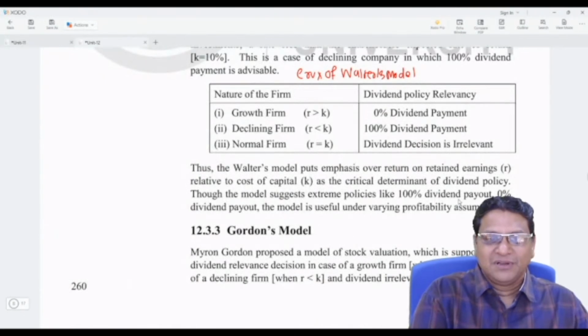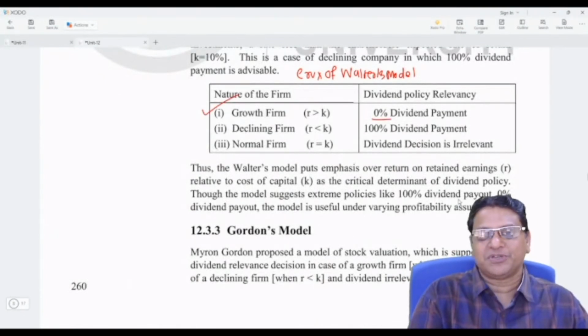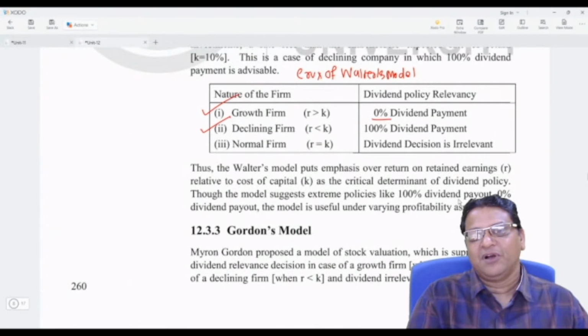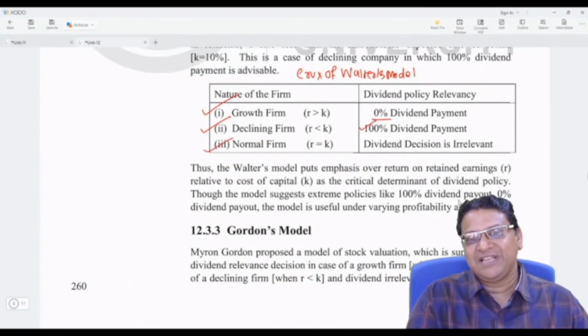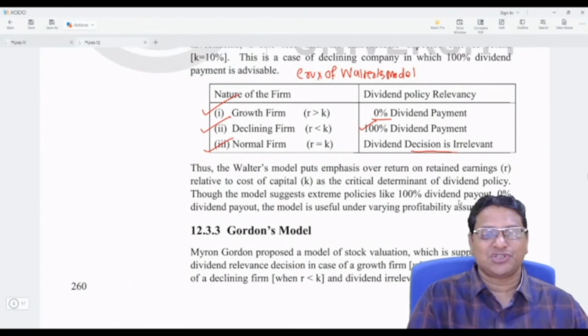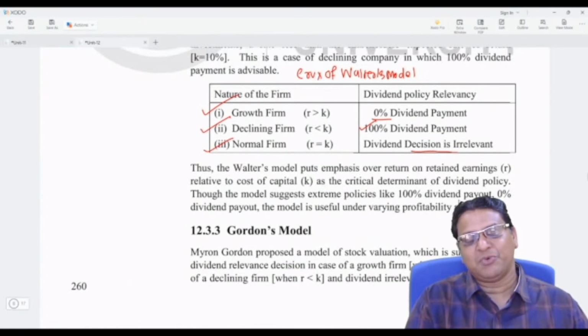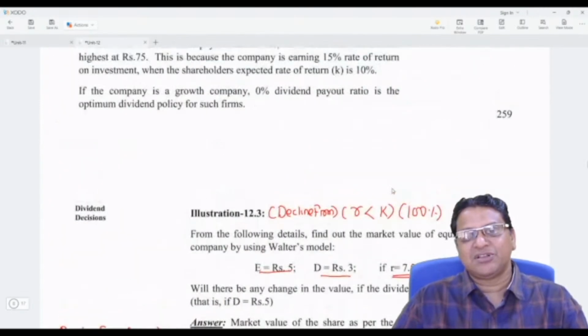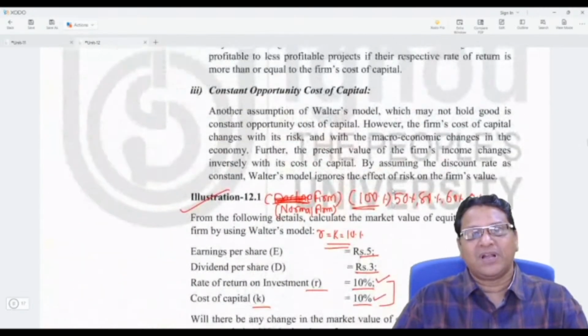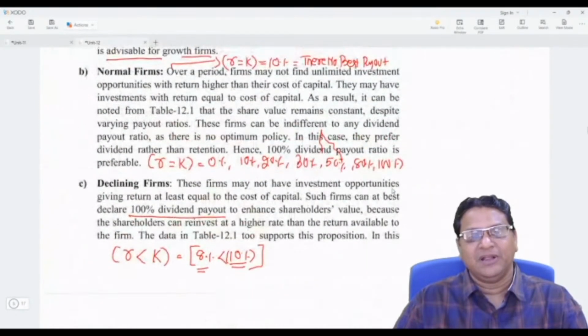Growth firm, what should be the dividend policy? 0% dividend. Decline firm, 100% dividend. A normal firm, dividend decision is irrelevant. This is the summary of Walter's model. Next, we will go to some of the limitations of Walter's model. What are the limitations of Walter's model?